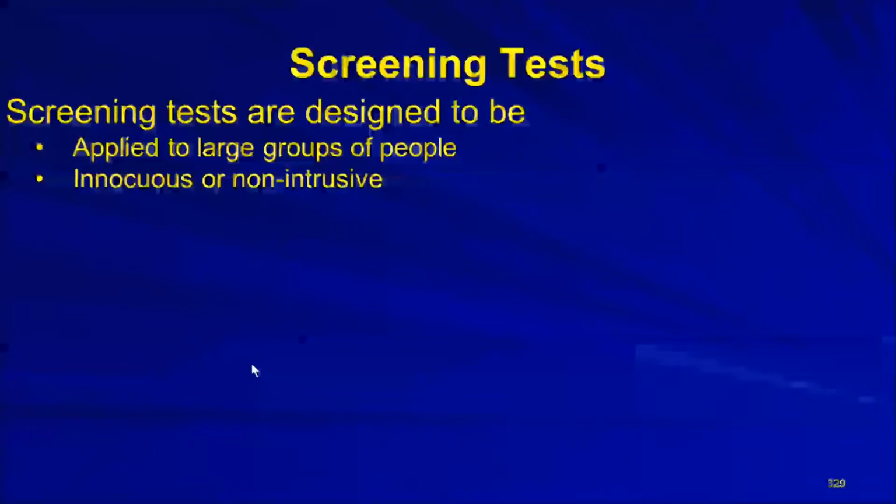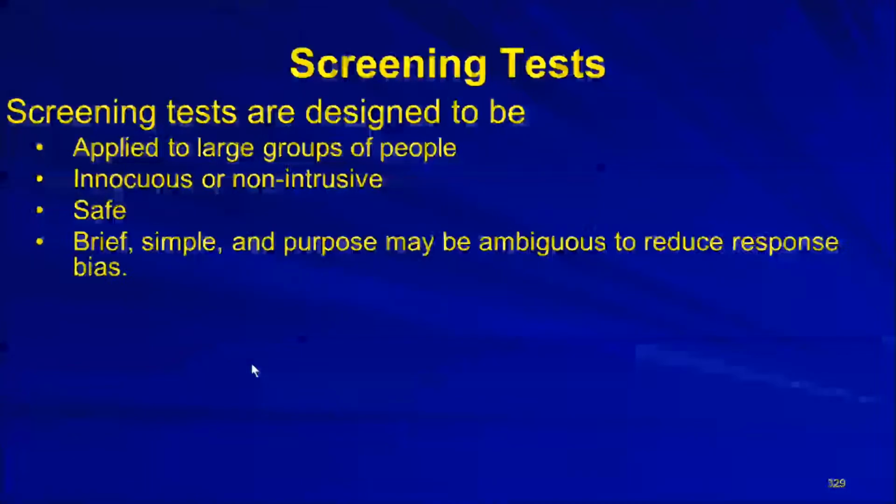Some are phobic, etc. We want them to be safe. We want them especially to follow Occam's razor, we want them to be brief, simple, parsimonious, and the purpose may be ambiguous to reduce response bias. Sometimes we just don't want to give away what it is that we're trying to collect information about.